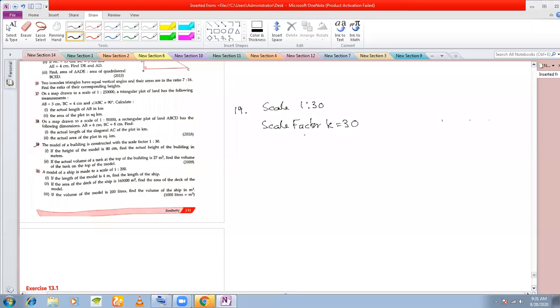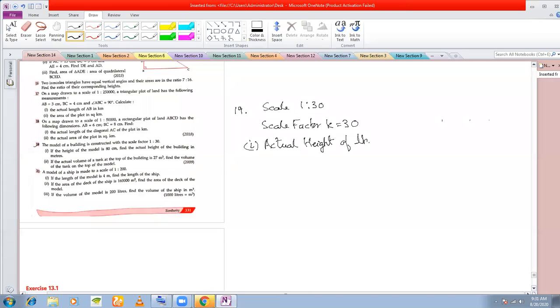The question here is, if the height of the model is 80 centimeter, find the height of the building in meters. So height of the model is 80 centimeters. Find the actual height. What is the actual height? They are asking to find out the actual height of the building.